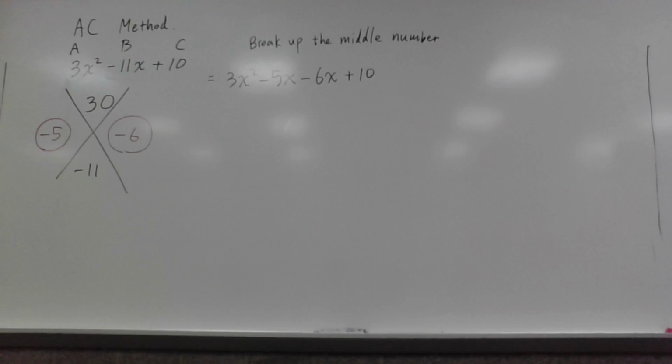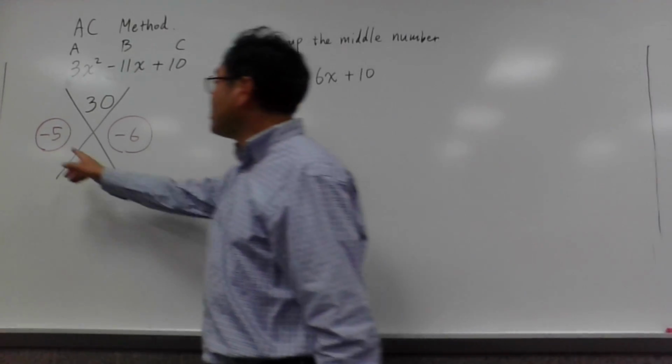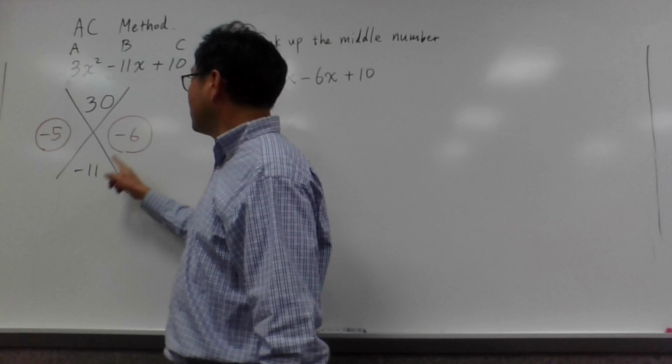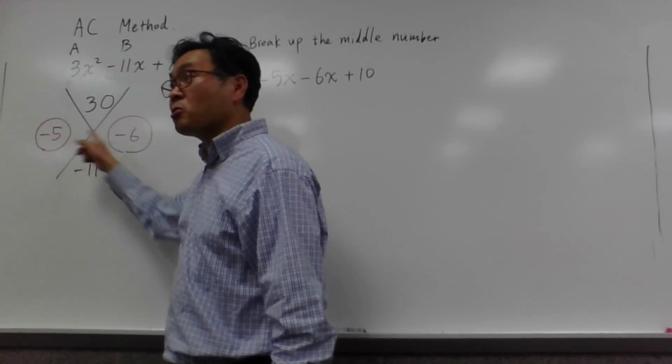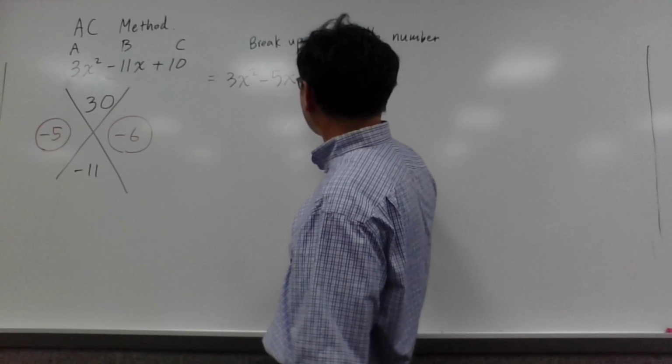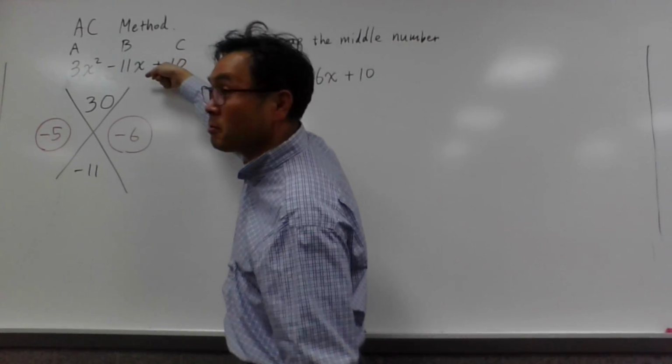Okay, that's step two. What is negative 5 plus negative 6? It's negative 11. That's how we chose the number. So, of course, if you simplify this, you can simplify back here.